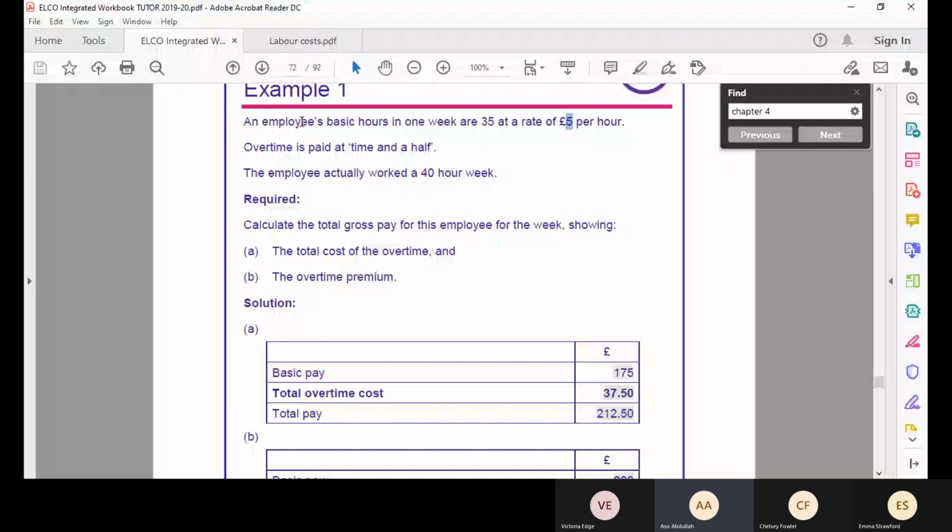So the basic pay is £175, and the total overtime cost is £37.50. So the total pay for this week for 40 hours is £212.50. Are you with me? Yes. Okay, great.